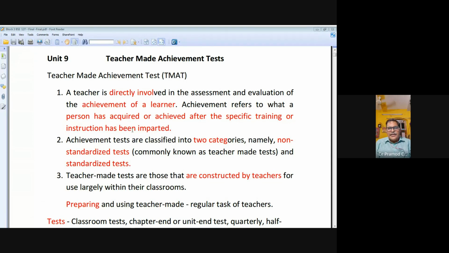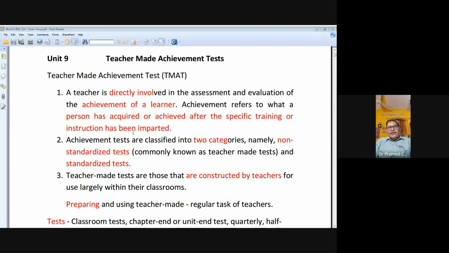That means after the instruction, after the teaching, the teacher follows certain methods. But how far the students are able to acquire the knowledge, three aspects are to be taken into consideration for the evaluation. That is the cognitive aspect, affective aspect, and also the psychomotor aspect.